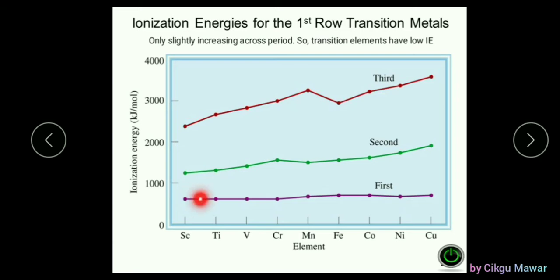For the second and the third, there are some exceptions, which are the third for manganese and the second for chromium. Why does this happen?